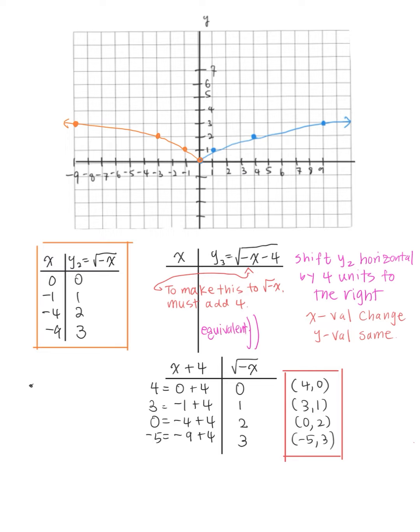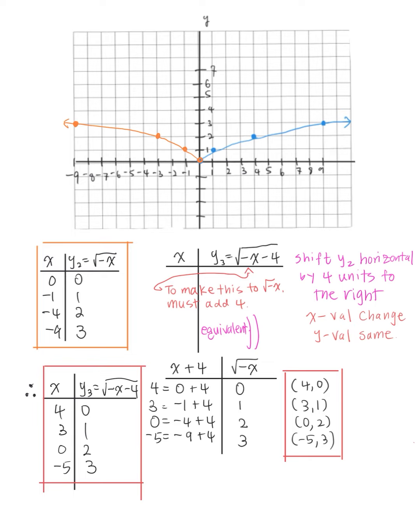Okay, so therefore, our chart for x and then y sub 3, which is the square root of negative x minus 4, it's going to be, here you're going to have a 4, 0, 3, 1, 0, 2, and then negative 5 and a 3. Now let's plot the points.